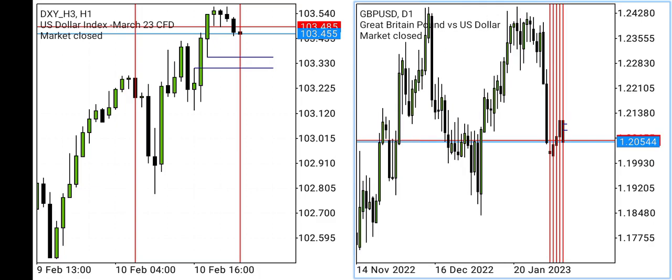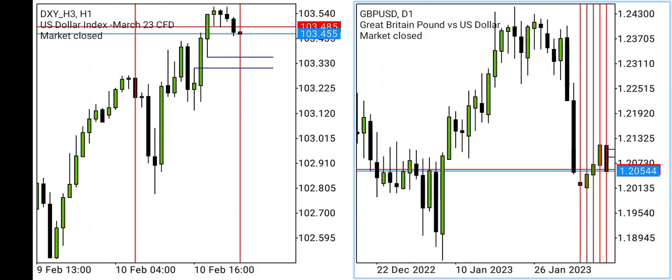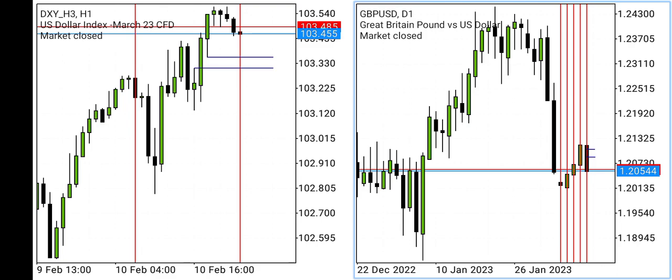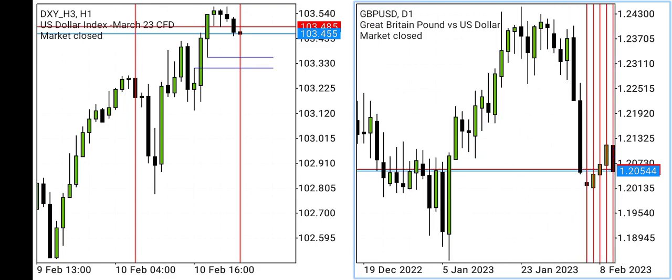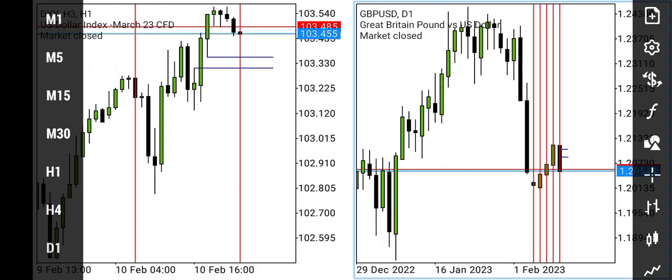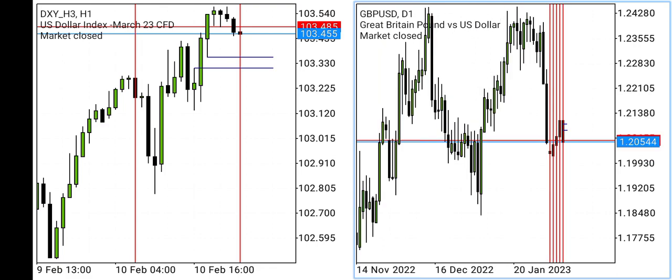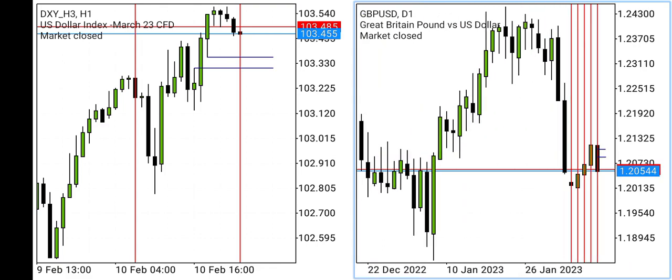So on the daily time frame now, notice I was showing you another block that I was expecting markets to go through on the dollar index. So this is the reverse of the other block. It was a bearish order block on the dollar index. It's a bullish order block on the pound dollar, the cable GBPUSD.